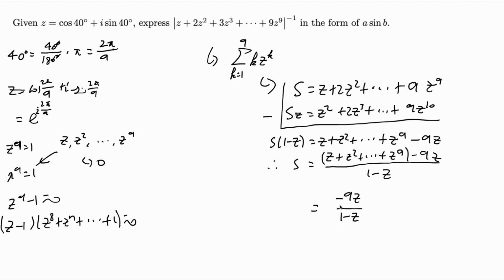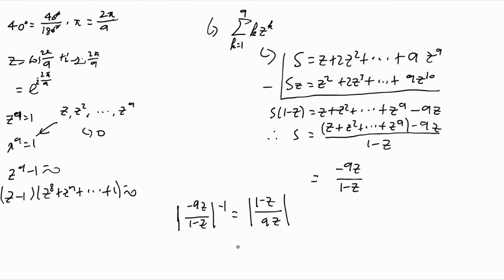So if S is equal to negative 9z over 1 minus z, then we need to express this in the form of a sine b. Now notice that this is equal to 9z and we have 1 minus z here. We can flip them and then we can also split them. What should we do?